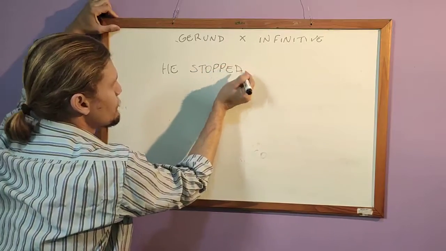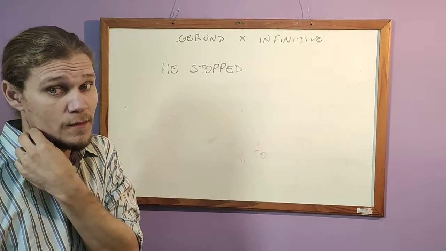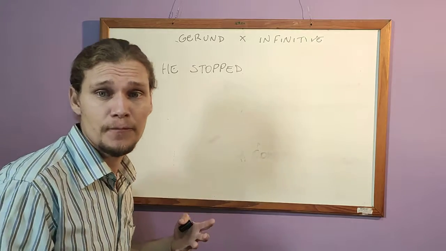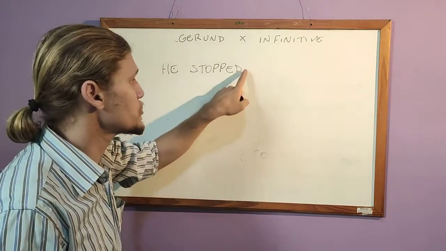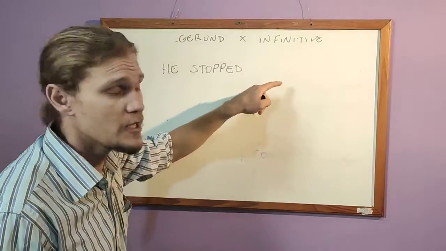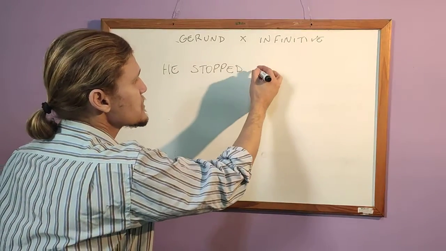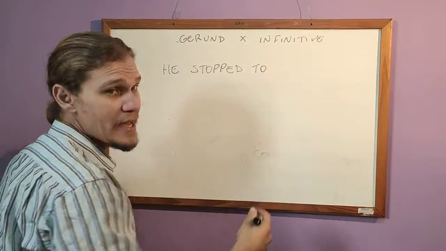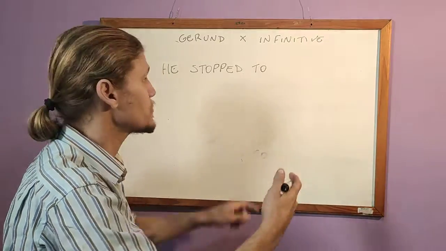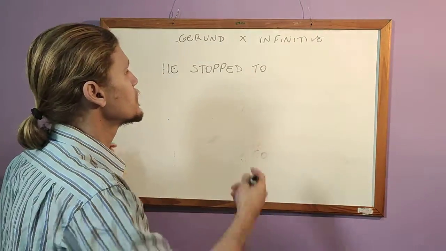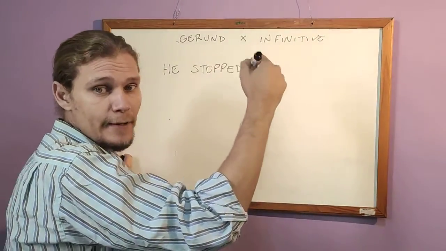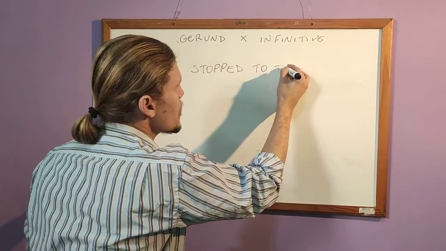Okay, here. Stop it. If we want to use the following verb here in the infinitive, the first thing we have to put is the to, like I explained a couple of seconds ago. To plus the verb. So he stopped to talk.